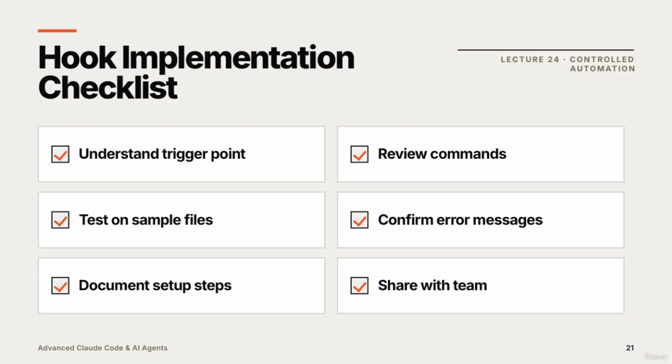We also confirm any error messages that might appear, so we can handle exceptions gracefully. It's essential to document all setup steps clearly to maintain consistency and support future troubleshooting. Finally, sharing this information with the team ensures everyone is aligned and ready to work with the new automation tools effectively. This structured approach helps us implement automation in a controlled and efficient way.